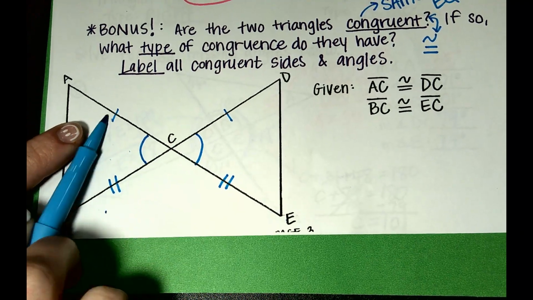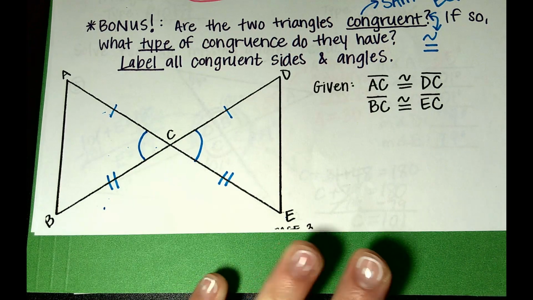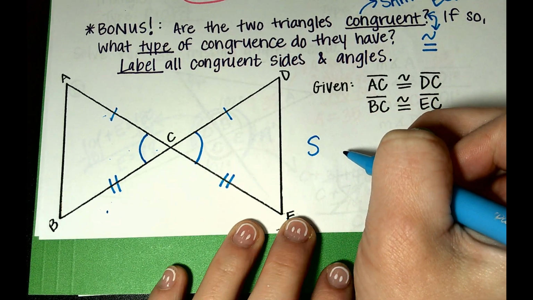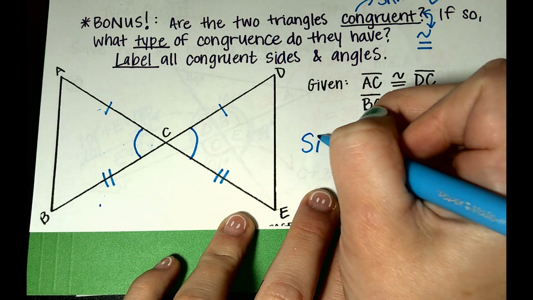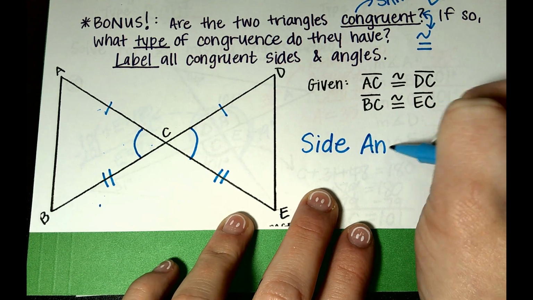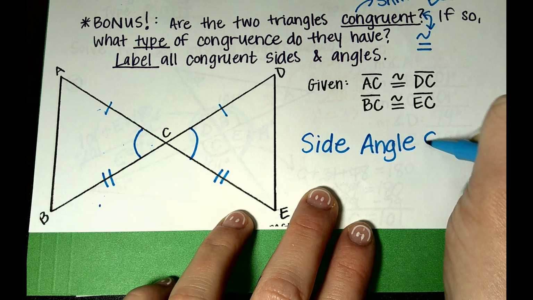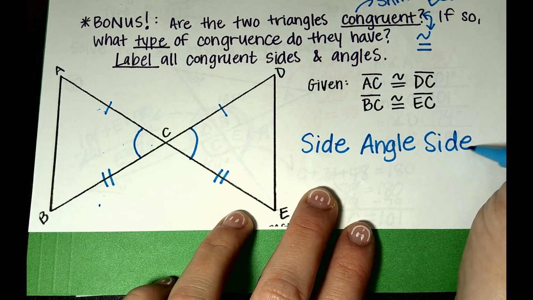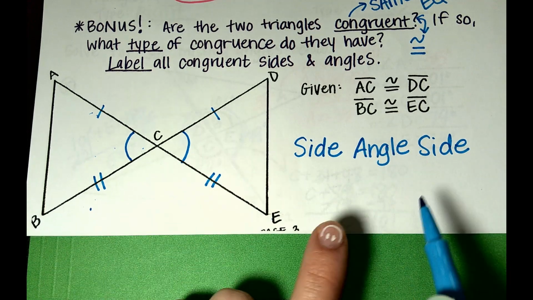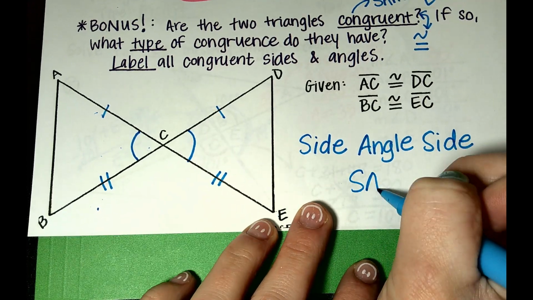Because there's a side, an angle, and a side, they got real creative when they named it. It's called side angle side congruence. Side angle side. And we can abbreviate that as SAS.